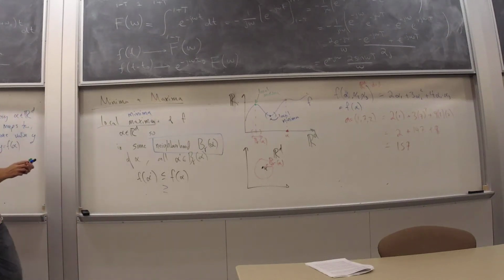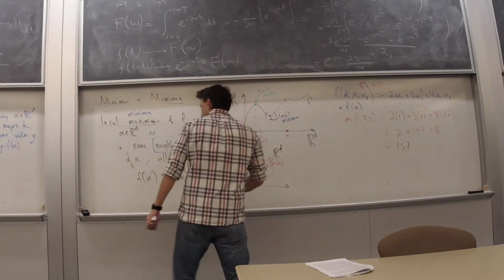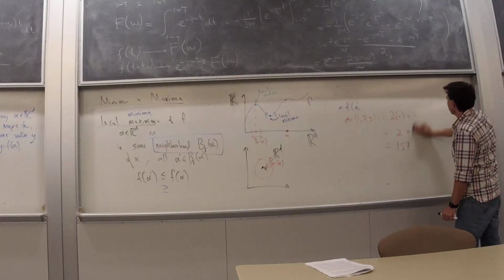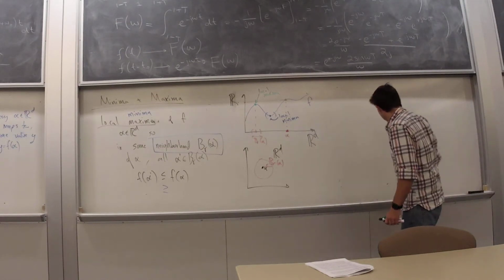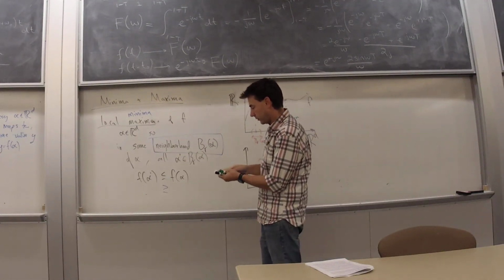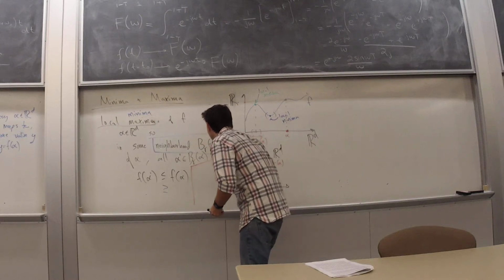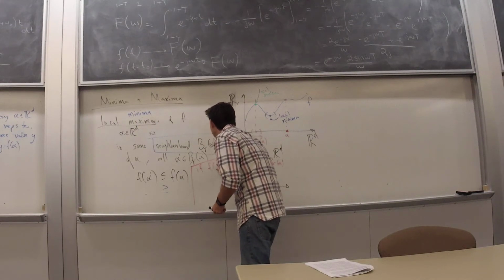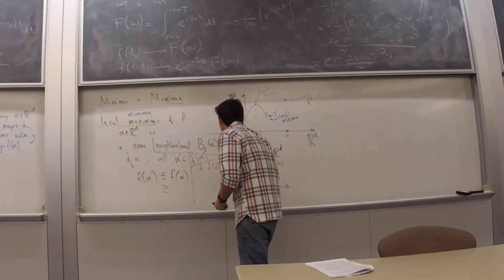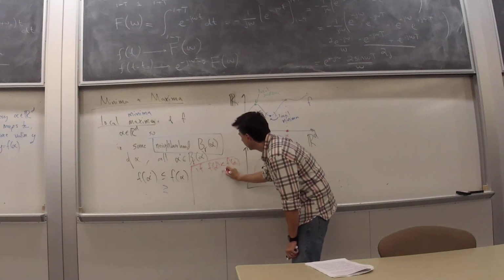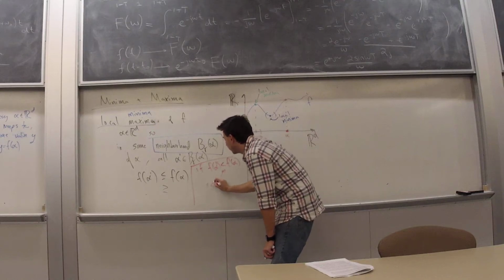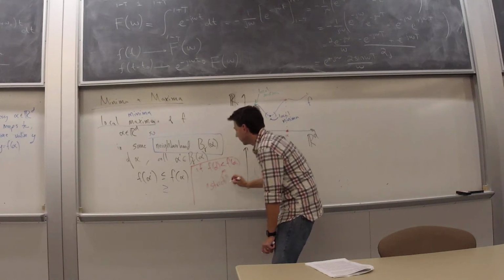And if f of alpha prime is greater than f of alpha, not greater or equal but strictly greater, then I say this is strict.